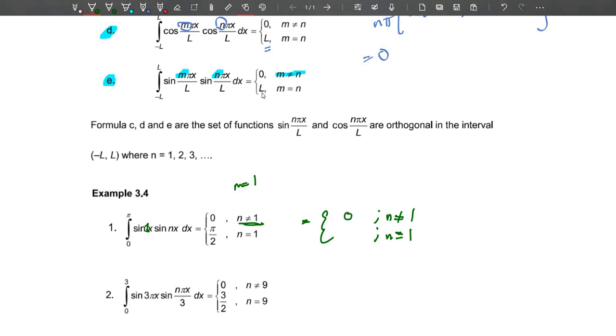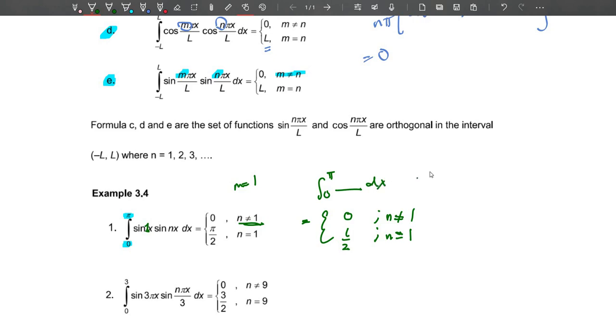And here, as you can see, it is actually L. But here it is pi over 2. Let's look at the limits here. It starts from 0 until pi, not from negative pi to pi. So that means it is half of the calculation of the function. That's why here it is L over 2. Why? Because it is integrate from 0 to pi dx.